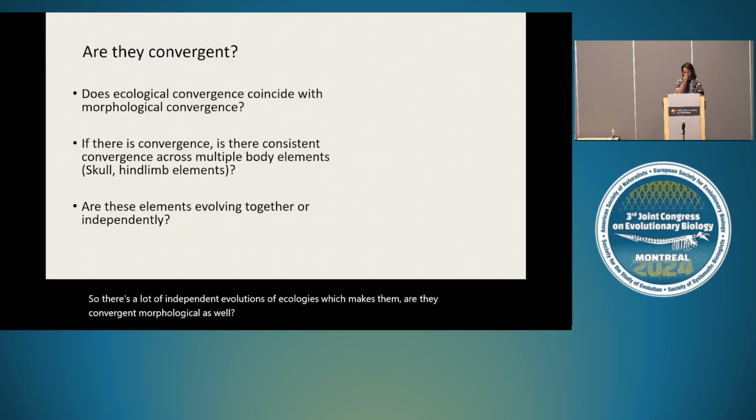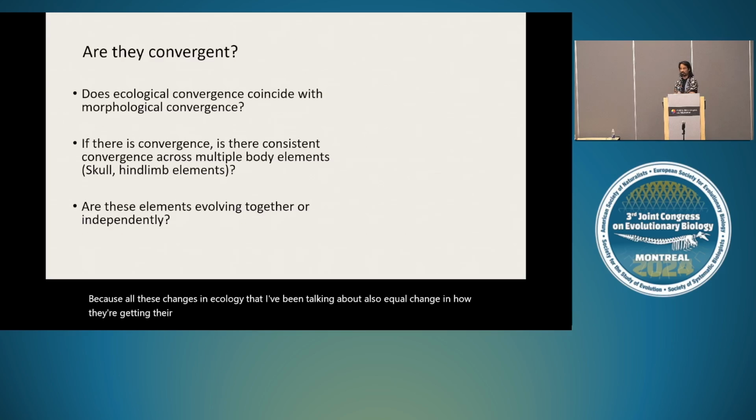So that brings me to the first question: are they convergent morphologically as well as ecologically? And if there is convergence, is it consistent across the body? A lot of these changes in ecology also mean a change in how they get their food.